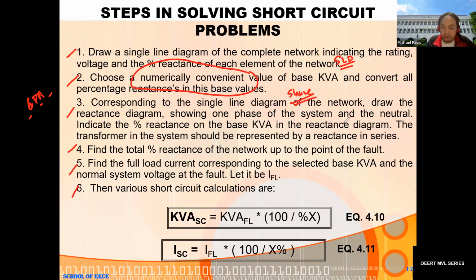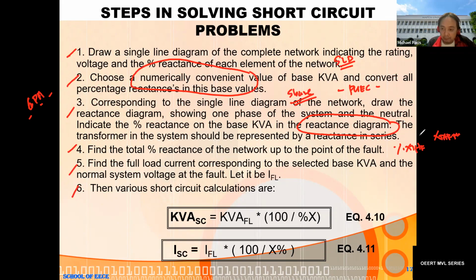Third, you need to convert any percentage reactances to the new base. Ang tinatawag dyan, guys, is the modeling of your system to per unit equivalency. And then from there, you can have the reactance diagram as we have discussed from the previous slide.